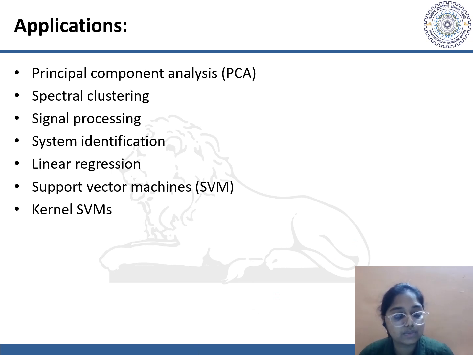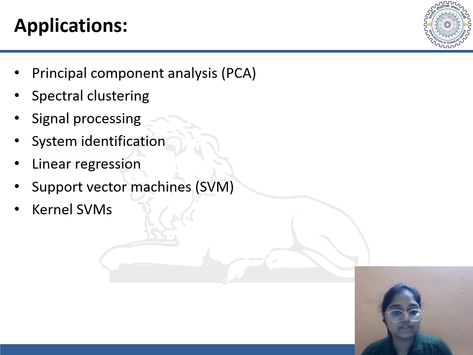And now let's talk about applications, because till now we have seen how spectral decomposition is useful, why it's useful, how it simplifies our complex problems and helps us understand the data better. Here I'm going to talk about where spectral decomposition is used in various fields.